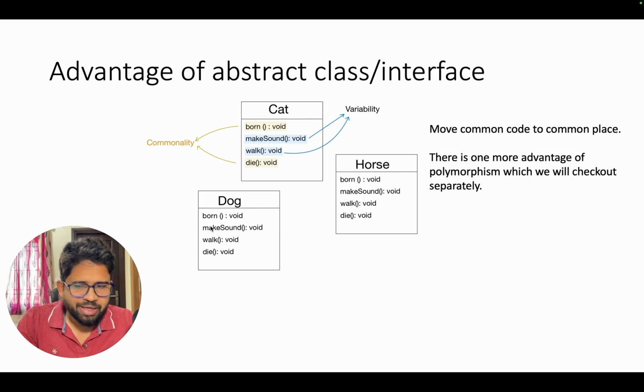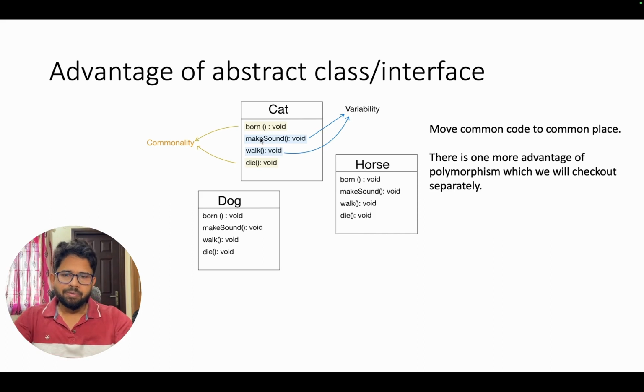In between, it would make sound or it will walk. Likewise, cat would be born and dead. And in between, it would do a bunch of things. Likewise, horse. So let's imagine that the first method and the last method are same for all the dogs, horses and cats.